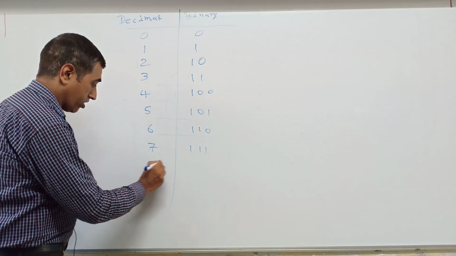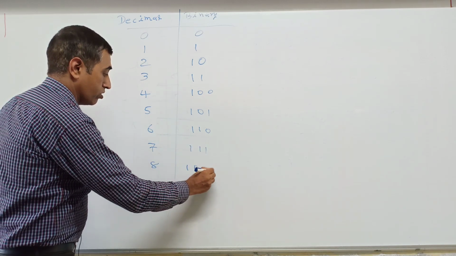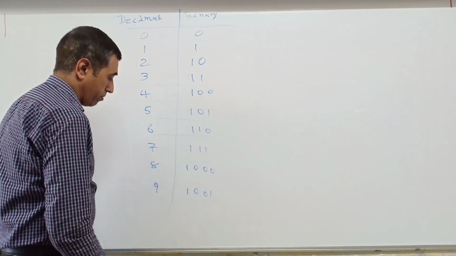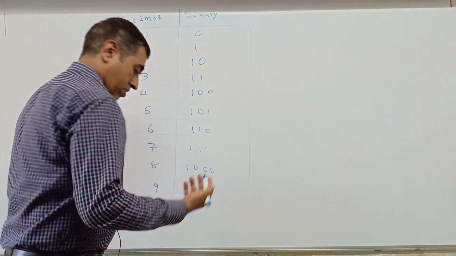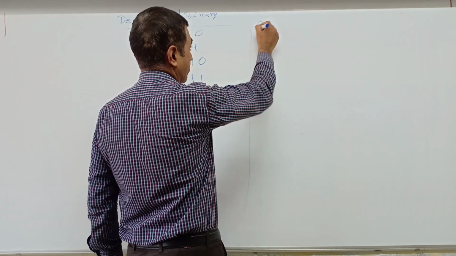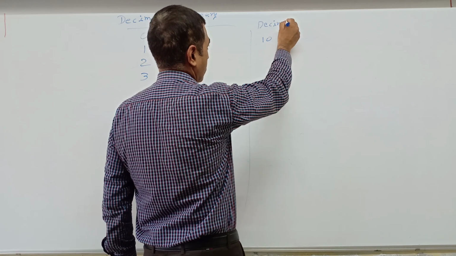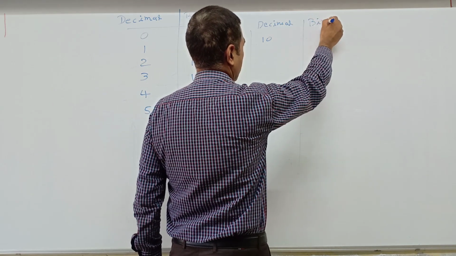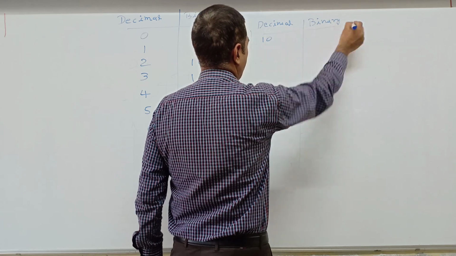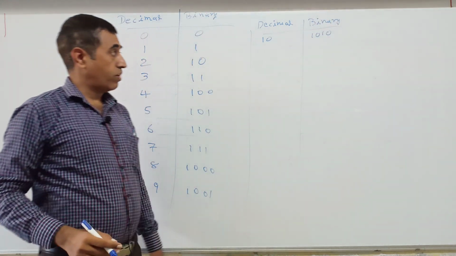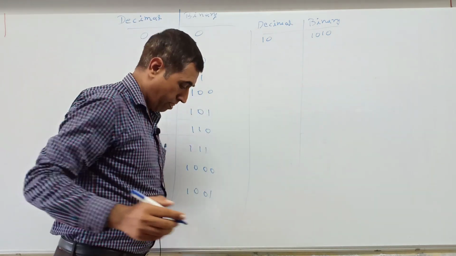If it is 8, then 1 0 0 0. If it is 9, then 1 0 0 1. If it is 10 in decimal, then you have to write 1 0 1 0 in binary.